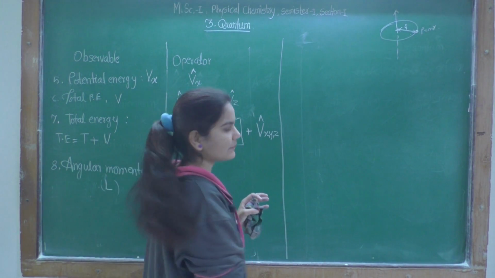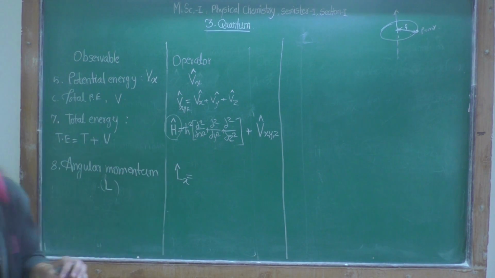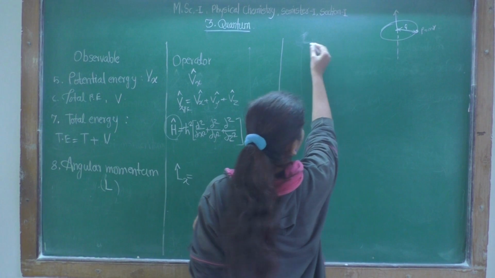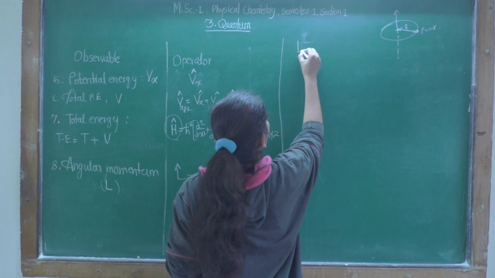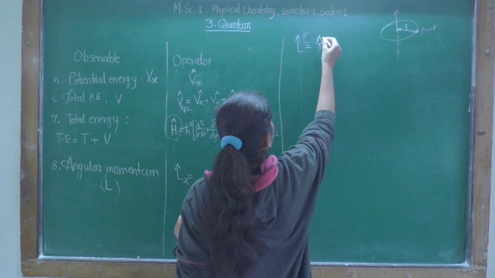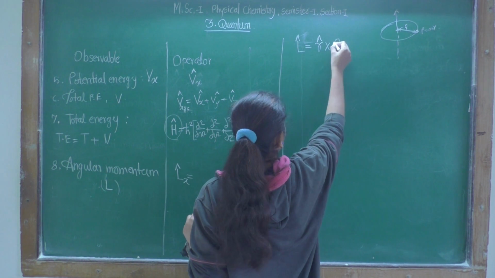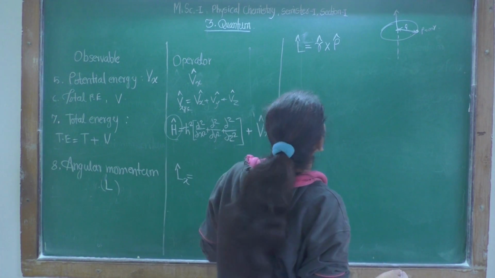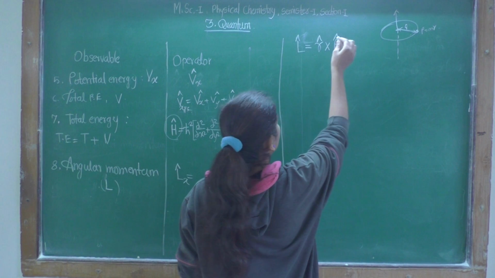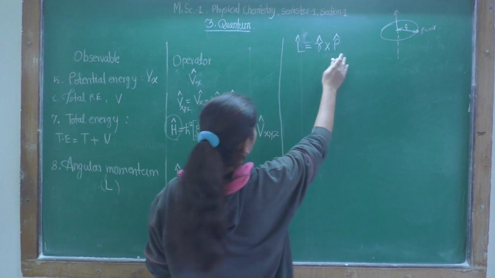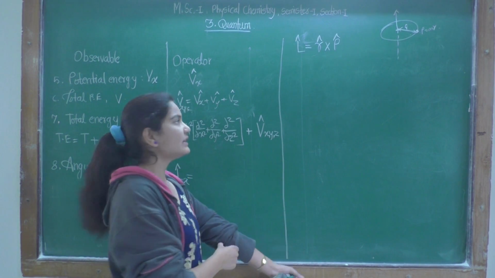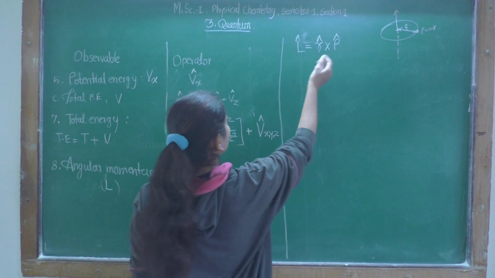Then we can write, what will be the angular momentum? It will be r cross p. This will be its angular momentum, the cross product of position r and linear momentum p cap.